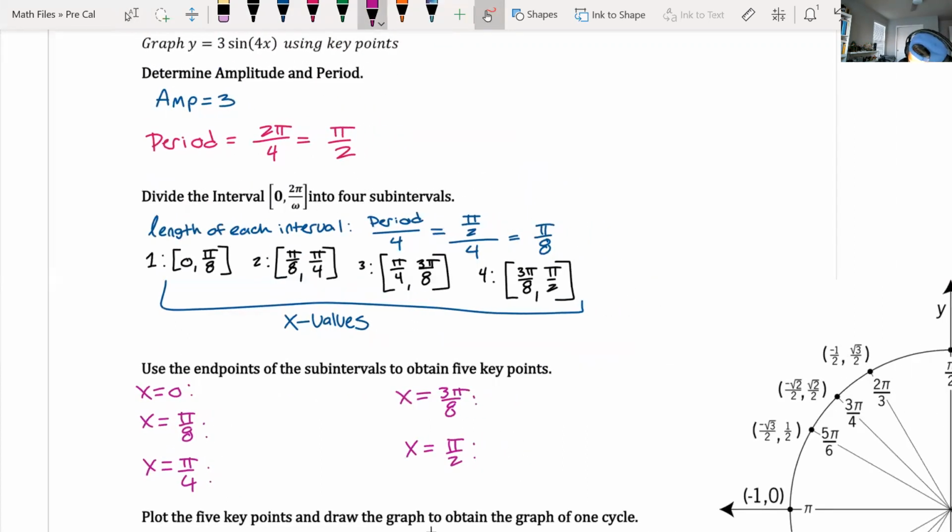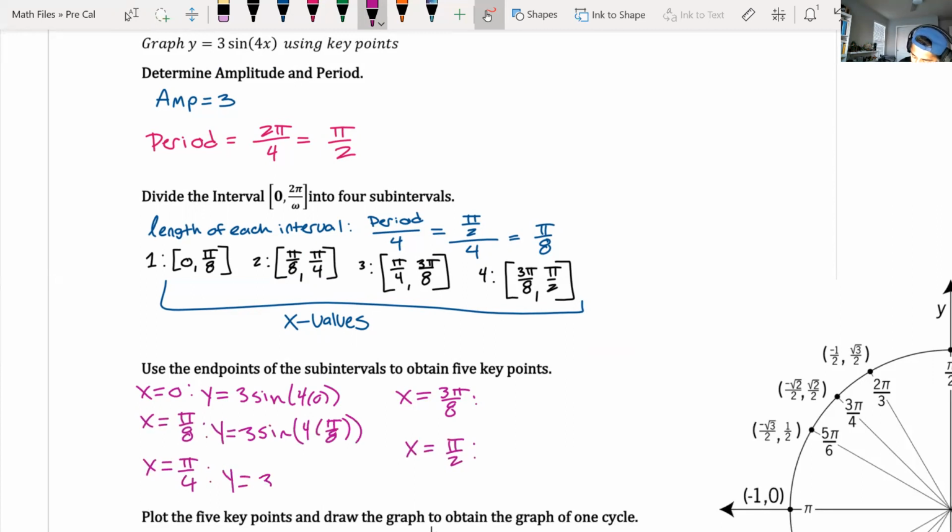This means you would have y equals 3 times the sine of 4 times 0. Y equals 3 times the sine of 4 times pi over 8.